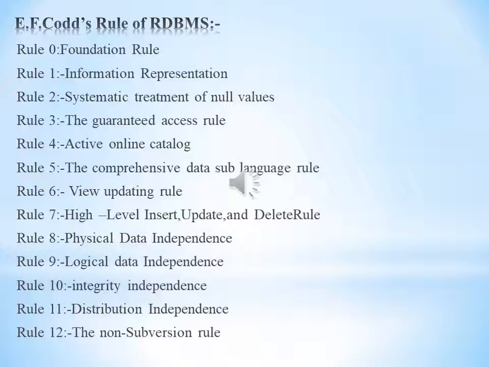Rule number 7 is the high-level insert, update and delete rule. High level means multiple rows from multiple columns are affected by a single query. This rule states that a database must support insertion, updation, and deletion. This must not be limited to a single row. That is, it must also support union, minus, and intersection operations on sets of data records.